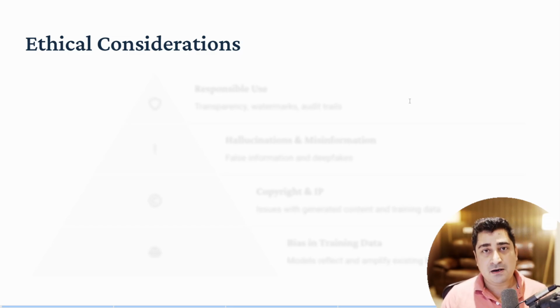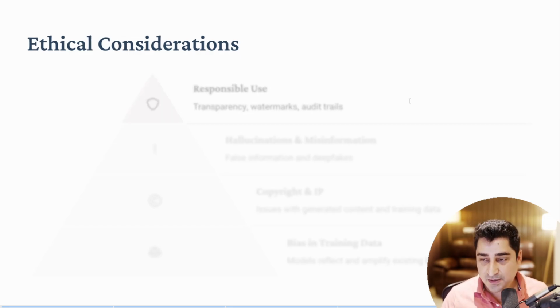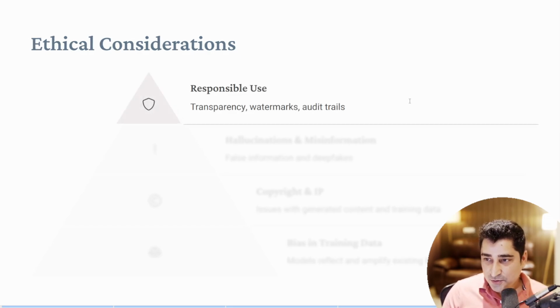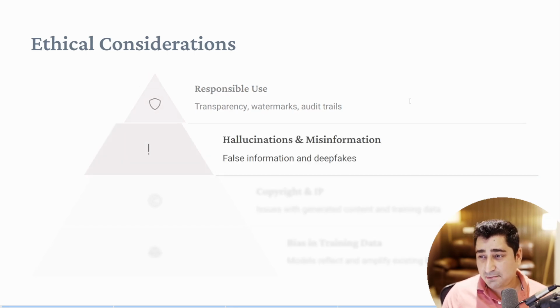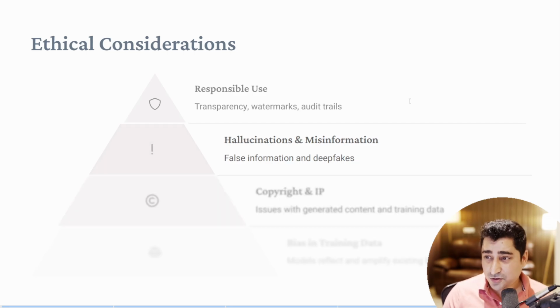Now, great power always comes with great responsibility, right? I believe I'm able to say this dialogue in a correct way. If not, pardon me. So there is some sort of ethical consideration as well. Whenever you are working in this field, whenever you are building some sort of AI solution, you have to keep in mind that your system must be aligned ethically, right? So responsible use, obviously, then hallucination and misinformation you should not spread, or your system should not spread.